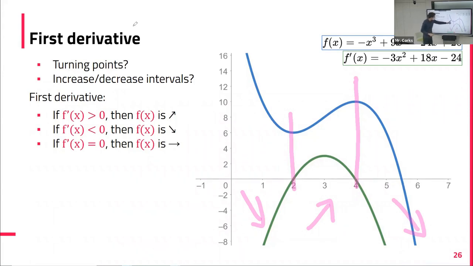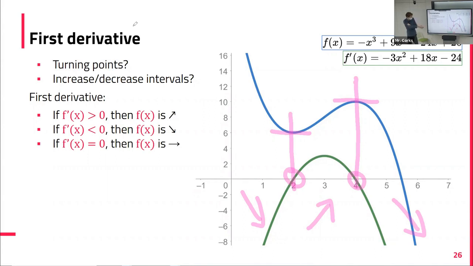First, at these turning points with our original function, the blue one, what is happening with the green function, the derivative? 0. So the turning points mean your slope there is exactly 0. The derivative is the thing that tells us the slopes, so the derivative should be 0, and that's exactly what we see here.